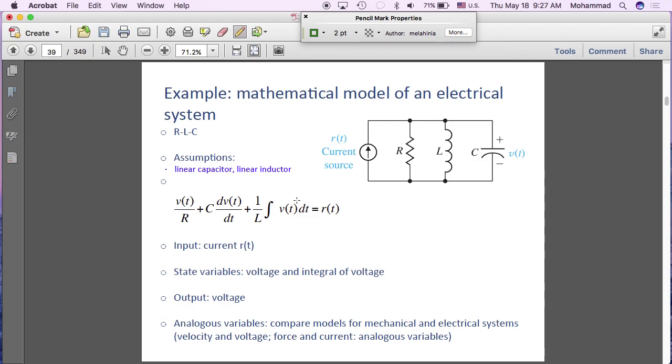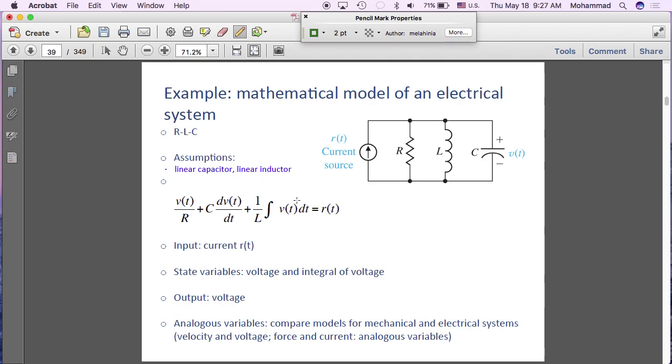So we could define the purpose of modeling to relate how the input current is going to affect the voltage V, which you can read at the terminals of any of these three elements. So let's choose our output to be the voltage.